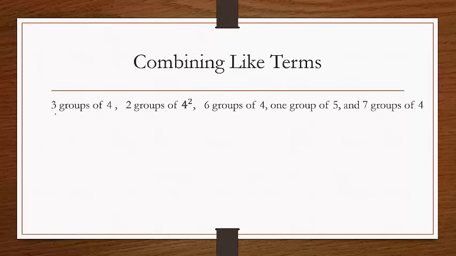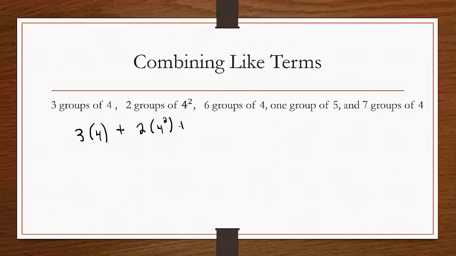So let's say I had 3 groups of 4. 3 groups of 4 would be the same as 3 times 4, but I'm going to leave it like that. And to that, I'm going to add 2 groups of 4 squared. Now, I know that 4 squared is 16, but I'm going to leave it as 4 squared. This is just to show you guys a point.